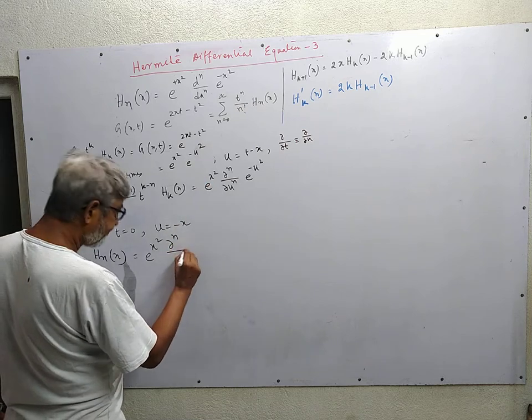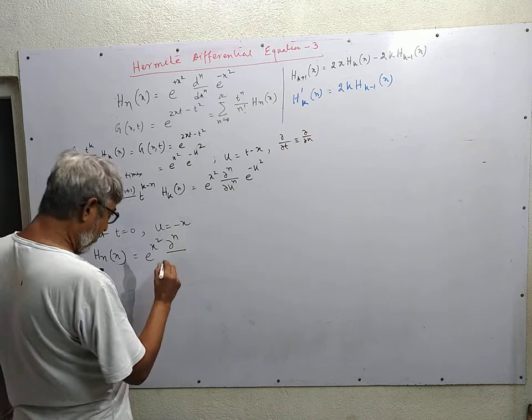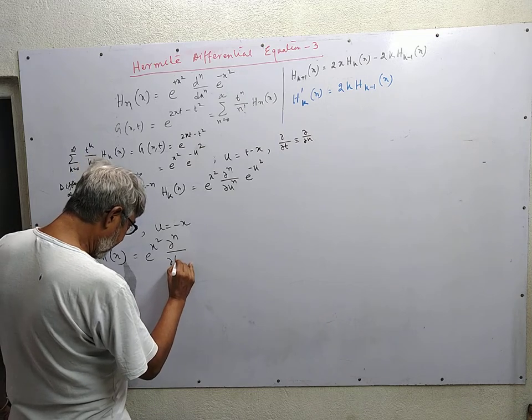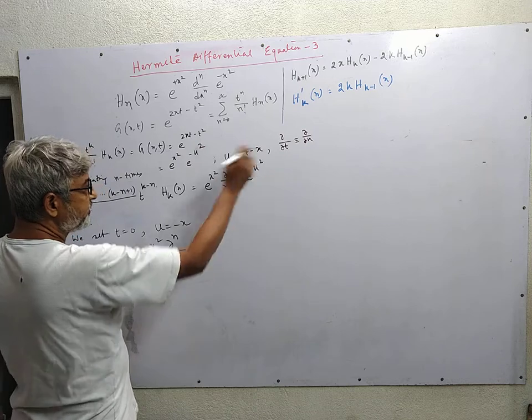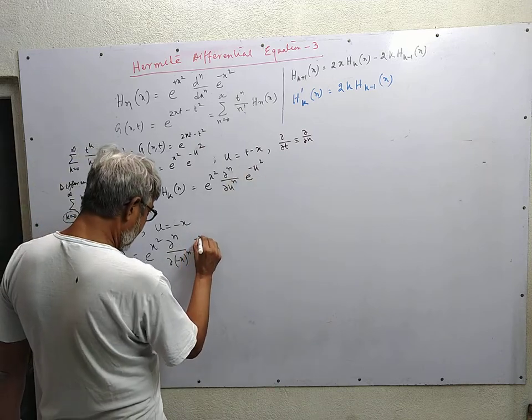del n, this del of minus x to the power n, and u is minus x square.